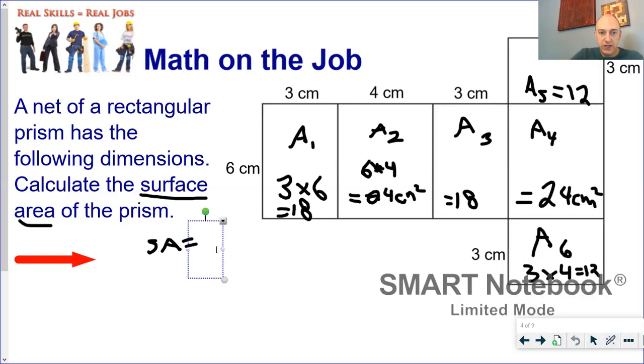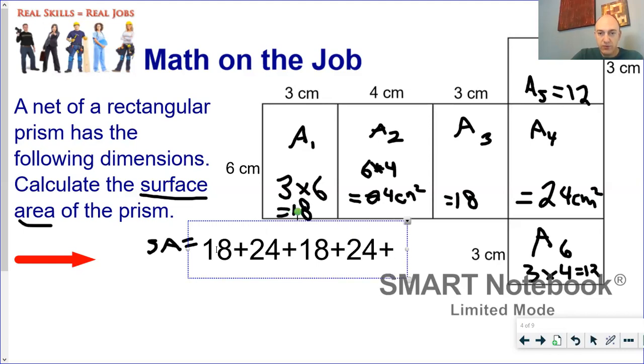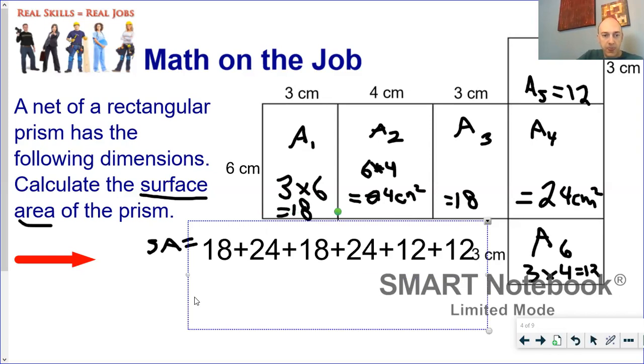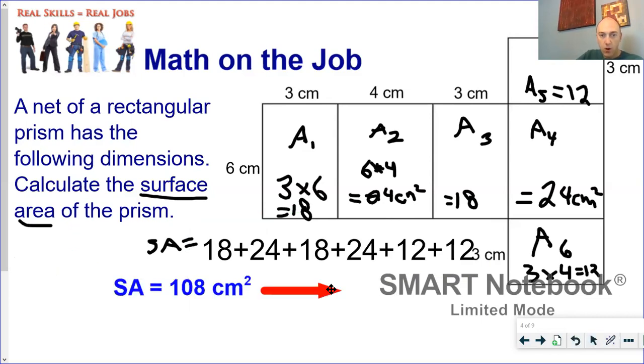Okay, sorry, this was 18 plus 24 plus 18 plus 24 plus 12 plus 12, which gives us a grand total of 108 centimeters squared.